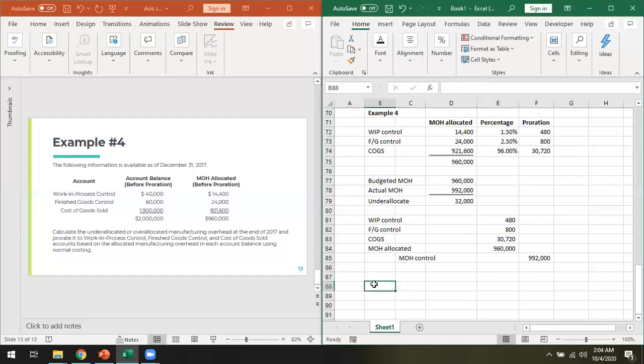How about the write-off to cost of goods sold approach? It is much simpler than the proration method. I put this here so you understand what this method is used for. So this is the proration method.